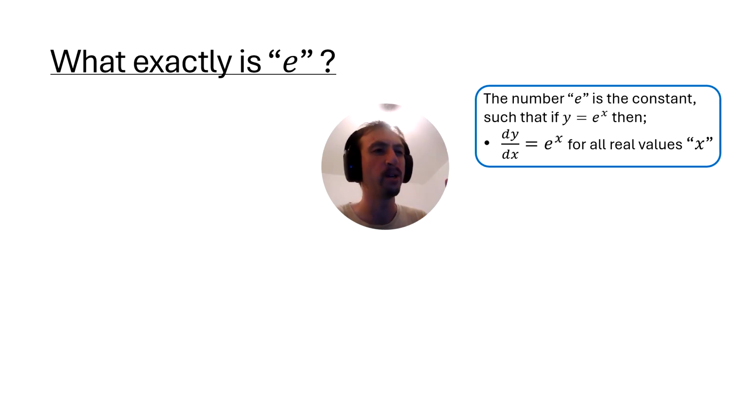Now you might wonder, if you haven't seen e much before, where would this relationship come up? Well, it turns out that the idea of the derivative being proportional to the output of our function, in this case y, happens a fair bit in nature. Imagine it's a snowy morning and you wake up and pour yourself a mug of tea.